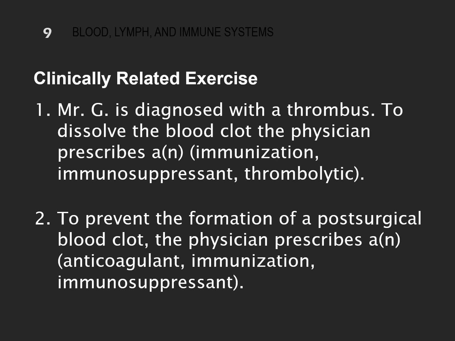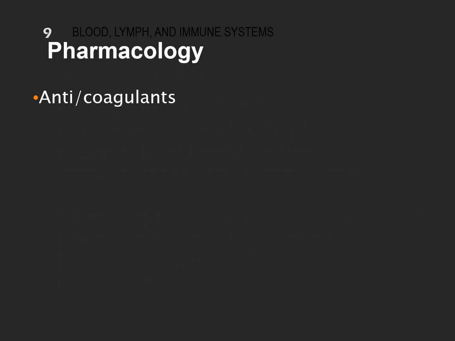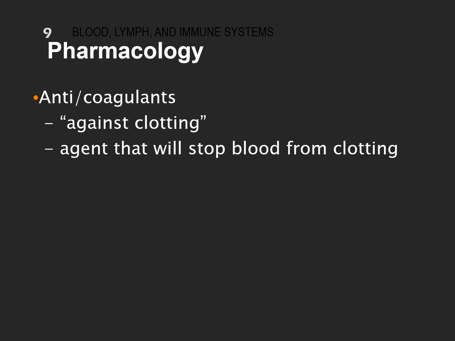To prevent the formation of a post-surgical blood clot, the physician will prescribe a, so basically after surgery you don't want the patient to form blood clots, you will therefore give them an anticoagulant. Anticoagulant means against clotting, so the blood will not clot.